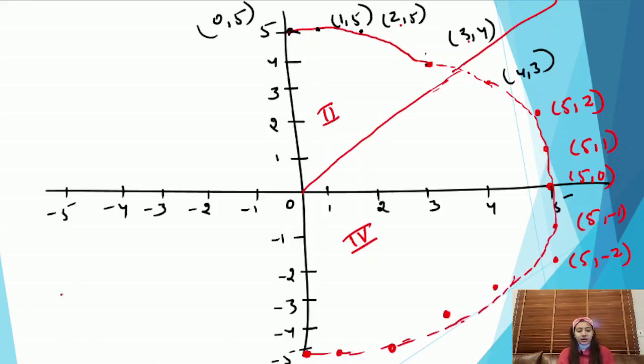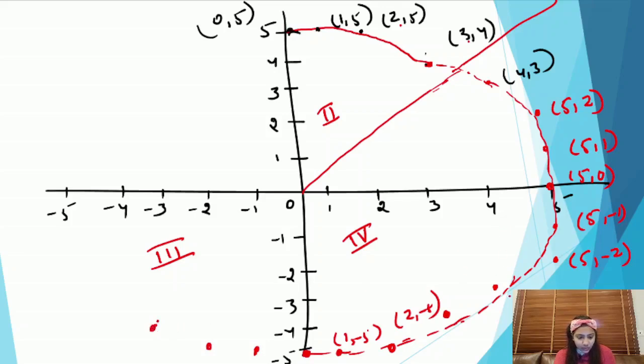Similarly, we can calculate the third quadrant now. This point was (1, -5). So here it will be (-1, -5). This point was (2, -5), so here it will be (-2, -5). This point was (3, -4), so here it will be (-3, -4), which is here.